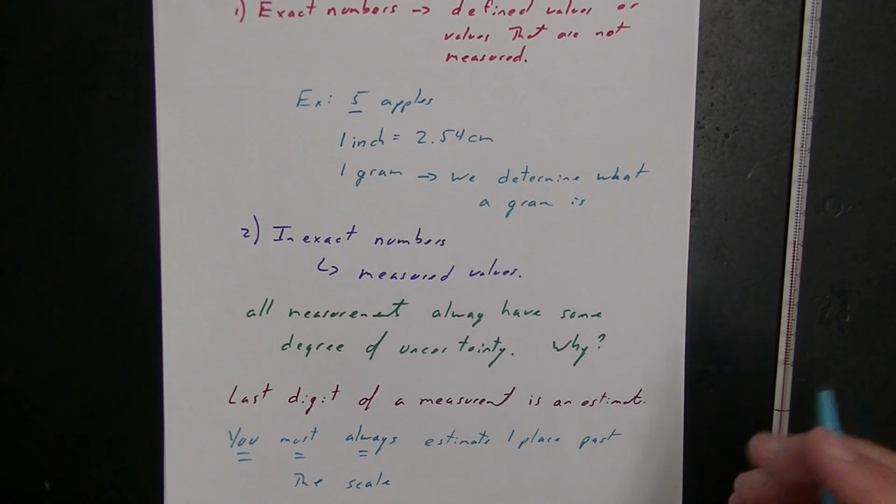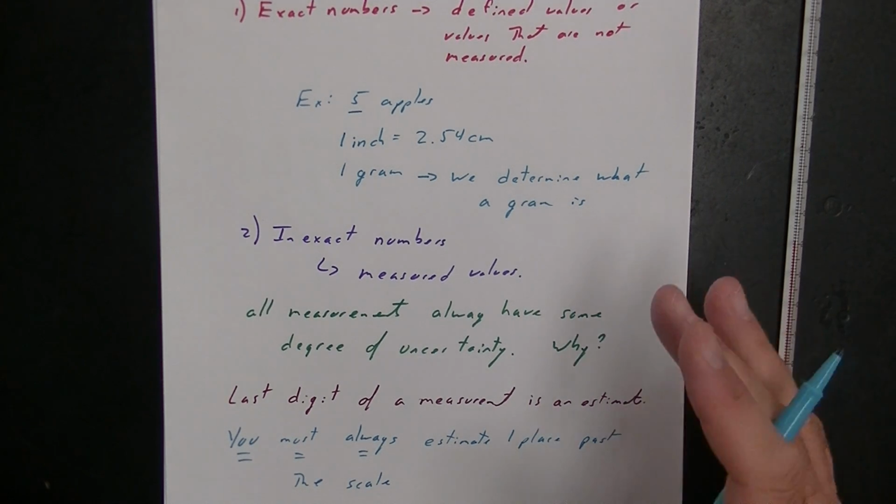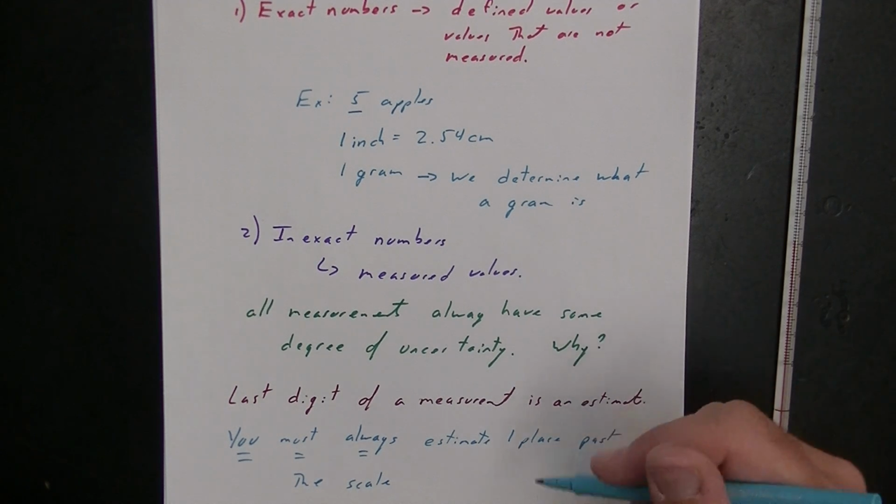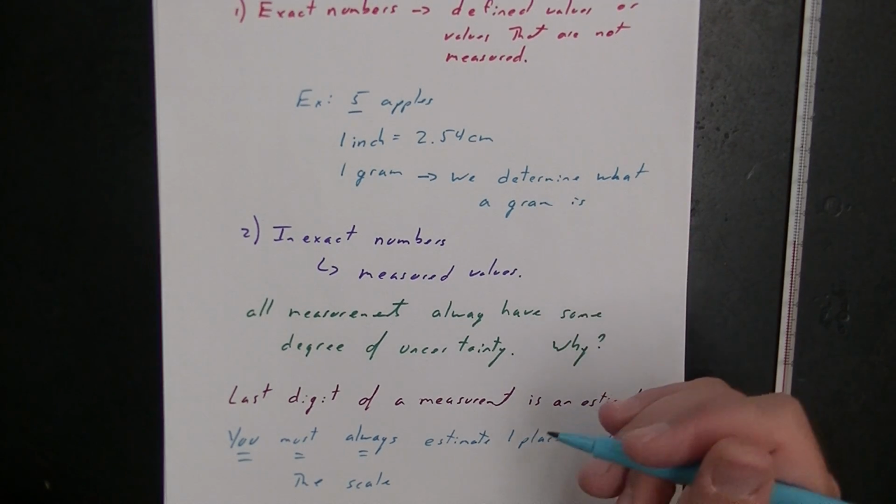So if my scale is to the tens place, I estimate to the ones place. That's what my answer would be. If I have a ruler that goes to the tenths place, my answer would be estimated to the hundredths place.